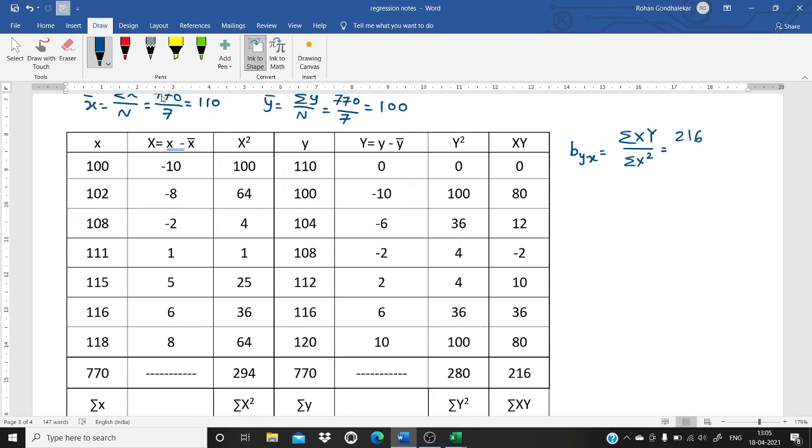Then divided by summation X square. What is summation X square? 294. Get this division. So 216 divided by 294. We'll have the answer 0.7346.